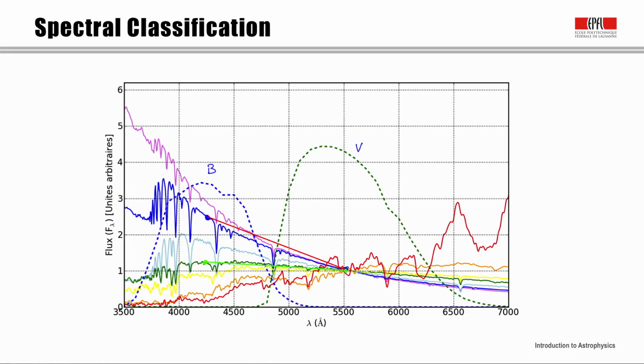The BV index is therefore an indicator of the spectral type, and it is this index that will appear later in the color magnitude diagram. If B minus V is large, then we have a red star. And if B minus V is small, then we have a rather blue star.